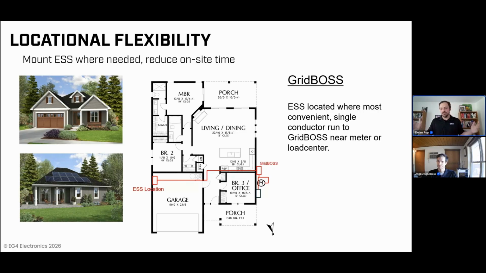And so I have hundreds of feet worth of copper and conduit on the outside of my house with a big double pole, double throw bypass transfer switch and a big knife blade disconnect on the outside of my house, which costs a lot of money. And I didn't even know Joel was in the same situation. I was bemoaning my situation to him as we were getting ready for this webinar and how great the GridBOSS would have been when I did my install. And he was like, oh, I have the exact same thing. So it's more common than you might think if you haven't encountered it yet.